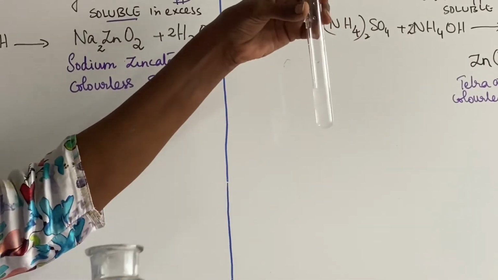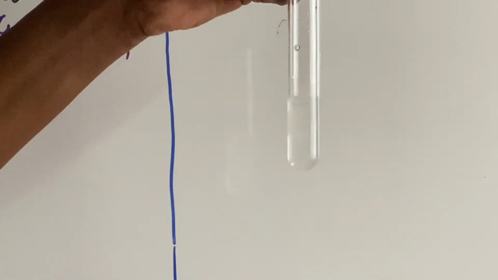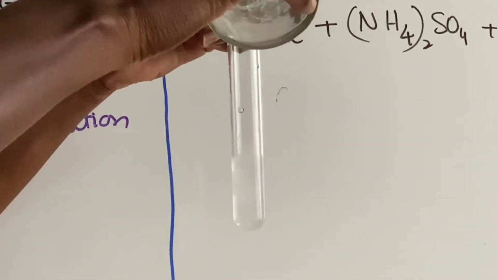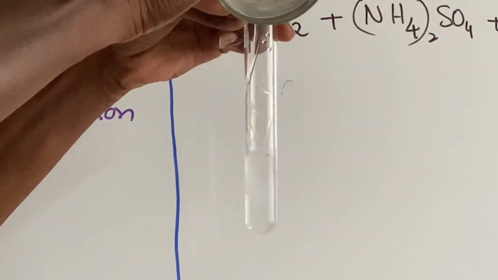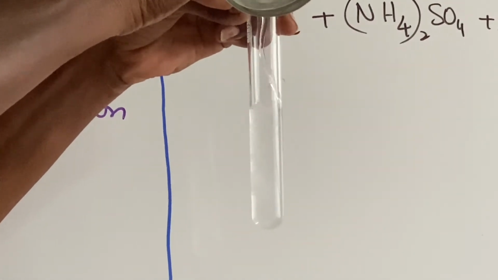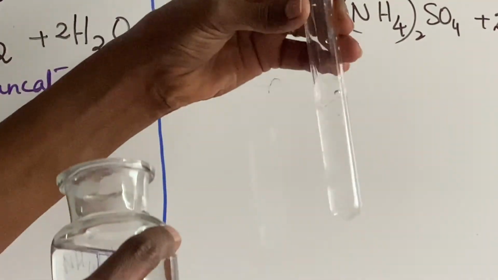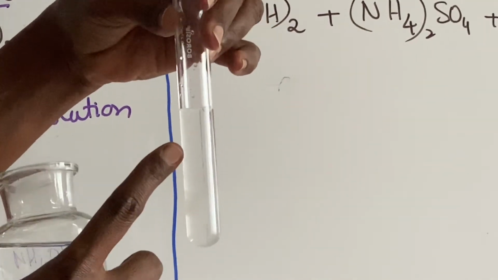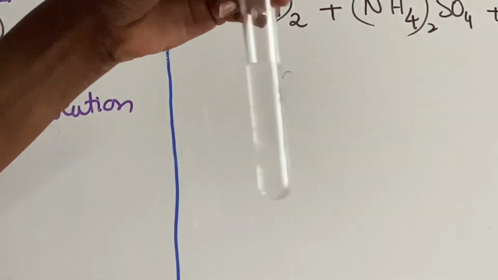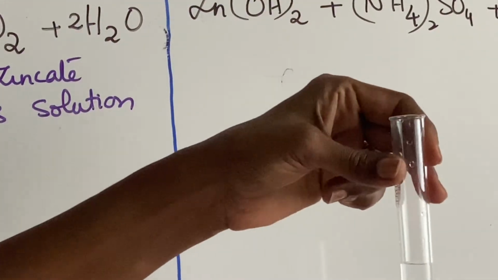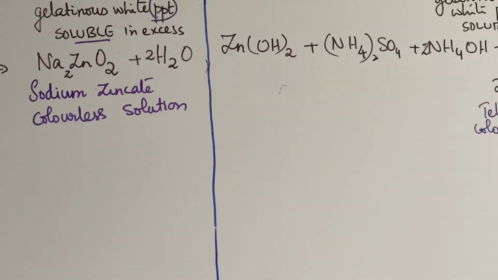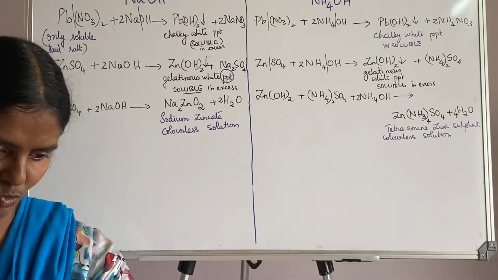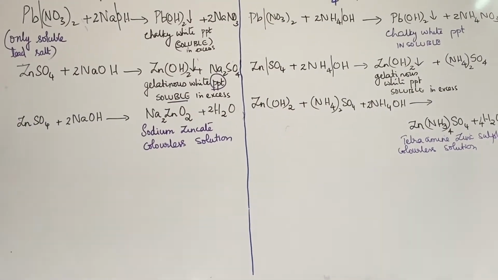You get a gelatinous white precipitate, and when excess of ammonium hydroxide is added to it, the precipitate starts dissolving. You can see the dissolving precipitate and a clear solution. The whole thing will become clear later. Okay, that is about ammonium hydroxide. Next we move on to copper sulphate.